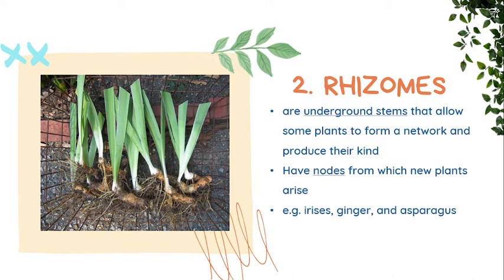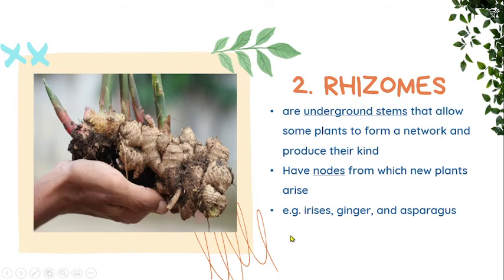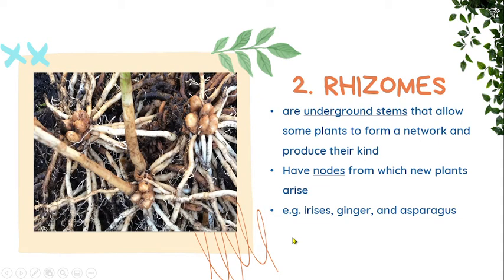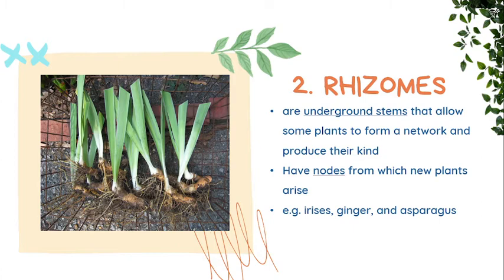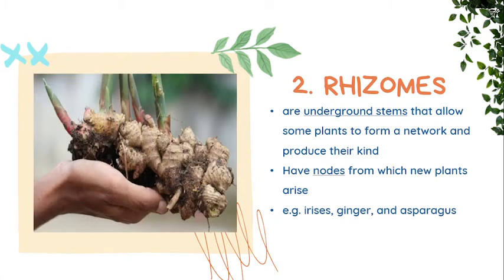Examples of rhizomes are irises, just like this one that you can see in the picture, ginger, like this, and asparagus. So if we look at the examples, we notice their similarities. Okay, rhizomes.